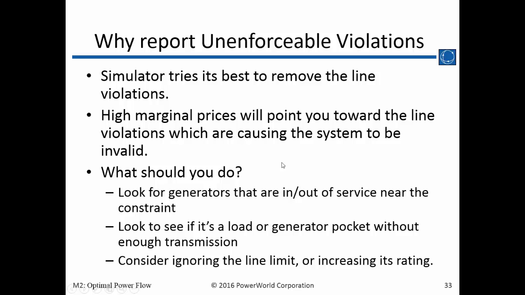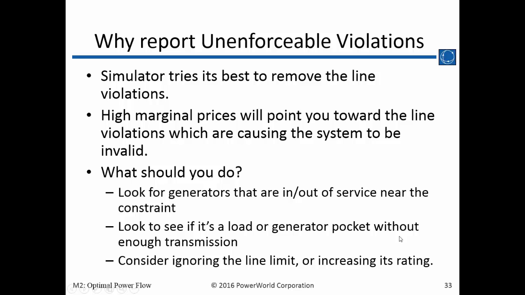So having those in there can be helpful because it tells you where the load pockets are, and you can make some adjustments if needed, or just leave it in there as well. So it could point you to some bad data, or just some conditions that are unrealistic. Maybe the load's too high. Or it could just be a situation that should remain in there.